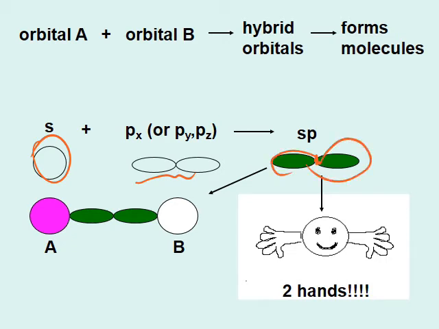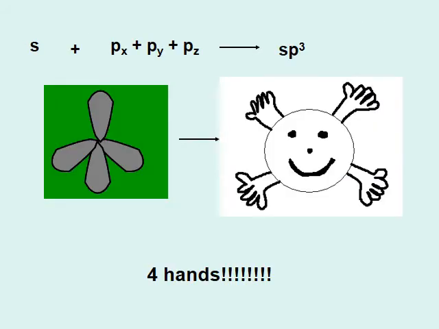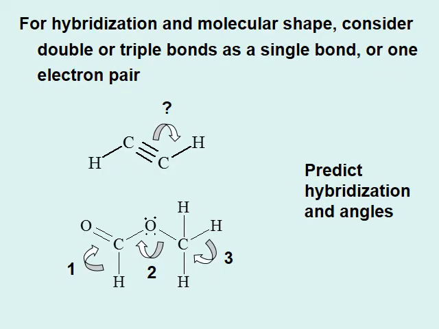They act like hands to grab other elements. Now this shows you how sp3 actually looks. s, px, py, and pz combine together, so that's how we get 4 hybrid orbitals, and each hybrid orbital acts like a hand to grab other atoms.